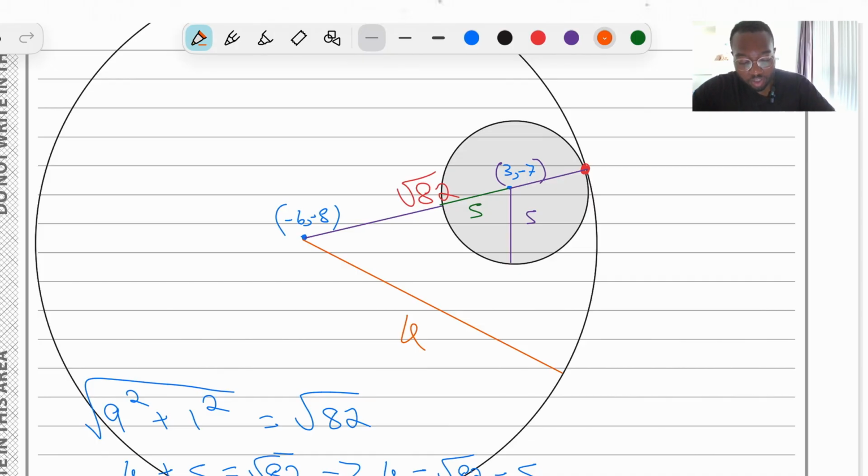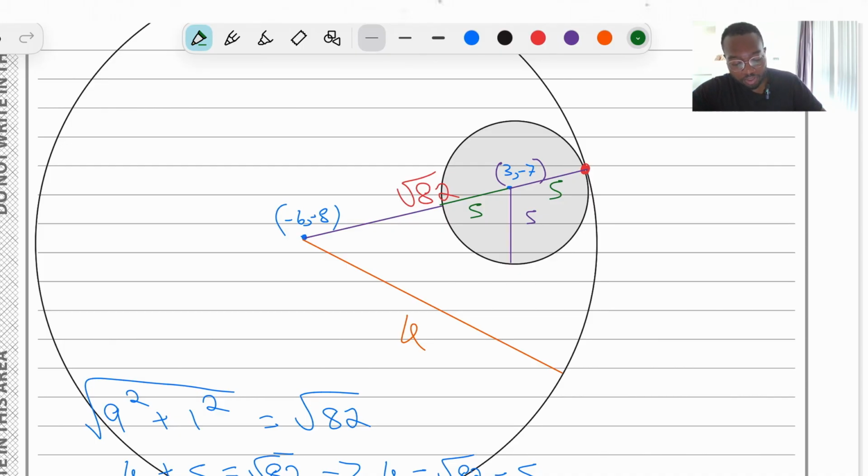So if we look at it, we know from the two centers the distance is root 82. And we know that the small circle has a radius of 5. So there's radius 5 here. From the minus 6, minus 8 to the 3, minus 7, that has a length of root 82. And then from that 3, minus 7 to the point where they intersect, that just has 5.